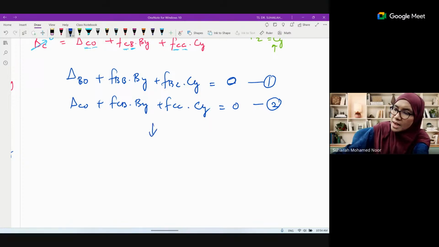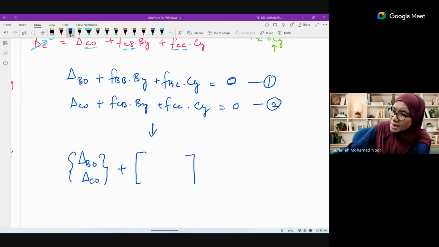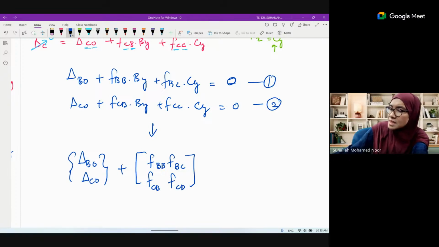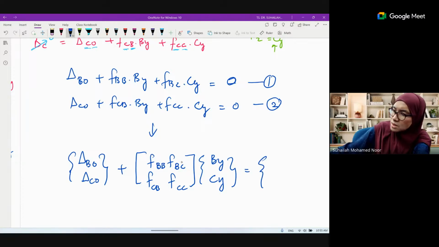We will group these two simultaneous equations into one standard form, delta B naught, delta C naught. We group the primary system together, plus this is a 2 by 2 matrix for the two redundants. We group all the F in one 2 by 2 matrix: BB, BC, CB, CC, multiplied by the redundants B_Y and C_Y, and this is equal to 0.